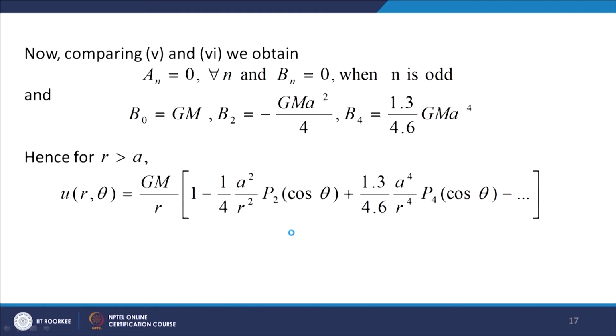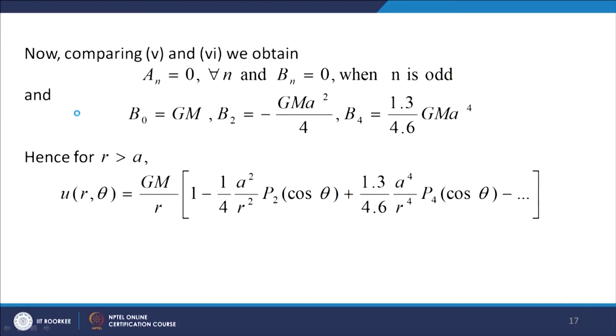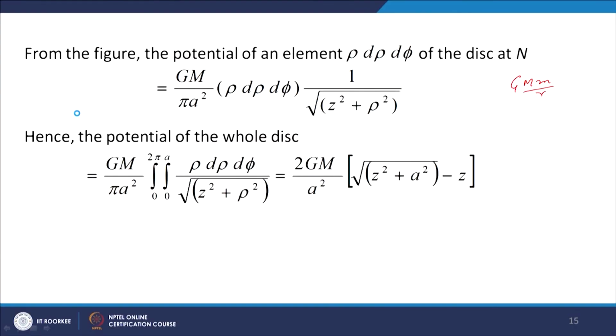Now, when we have z less than a, that is n is at a distance less than a from the center of the sphere, then we will have 2 GM by a square. Again look at this expression, 2 GM by a square under root z square plus a square minus z. This time z is less than a. So we shall take a outside the square root: a under root 1 plus z square by a square.